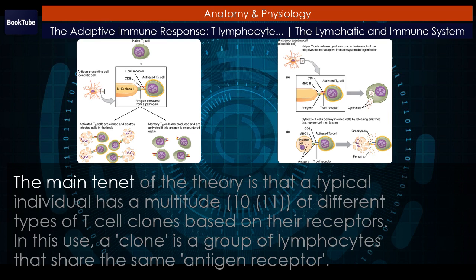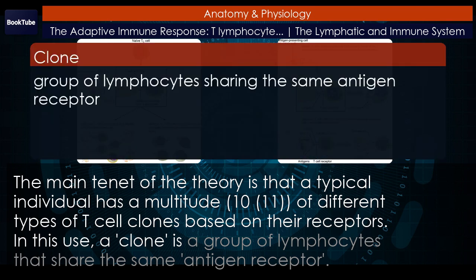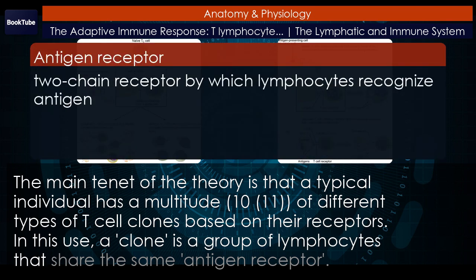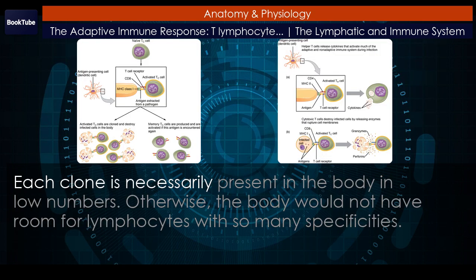The main tenet of the theory is that a typical individual has a multitude, 10^11, of different types of T cell clones based on their receptors. In this use, a clone is a group of lymphocytes that share the same antigen receptor. Each clone is necessarily present in the body in low numbers. Otherwise, the body would not have room for lymphocytes with so many specificities.